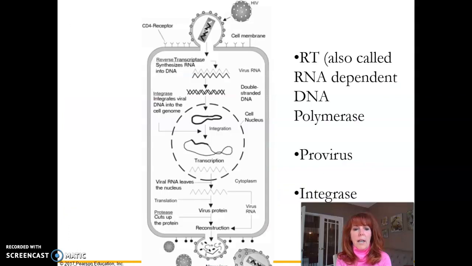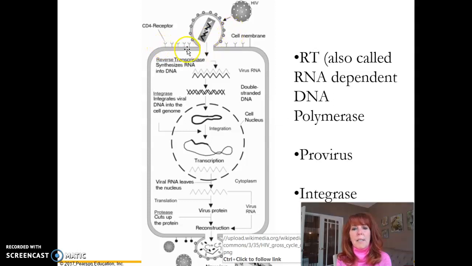Let's take a look at the life cycle here. This is a T cell, this entire region here. The T cell has an important receptor on it called CD4. Not shown in this picture is also another receptor called CCR5. I will show you that in another graphic.